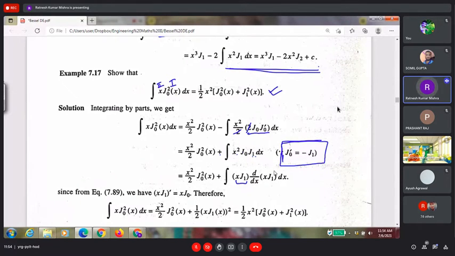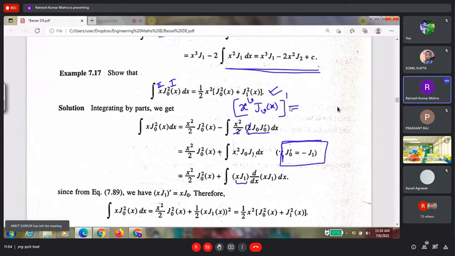This is the first formula of the recurrence relation is, यहाँ पे फिर से हम लिख देते हैं, x के पावर v jv x and differentiation of this one with respect to x equal to x के पावर v j v minus 1 x.